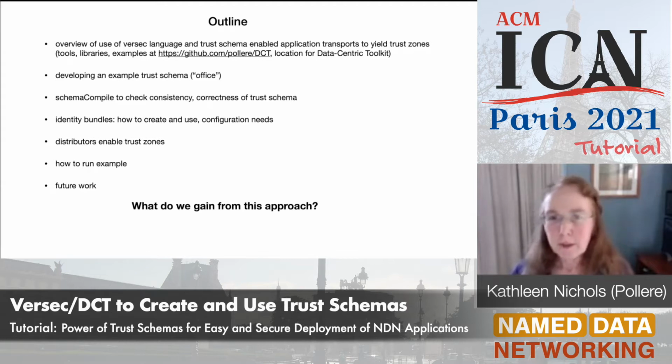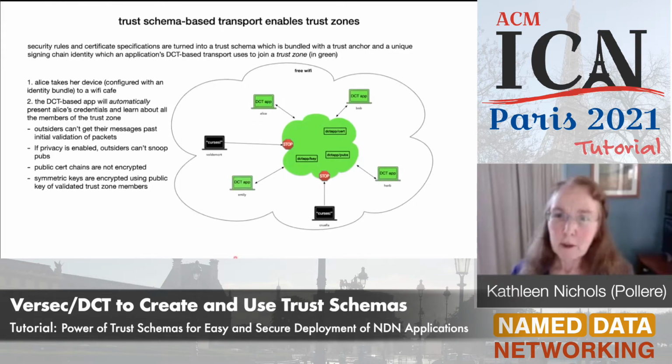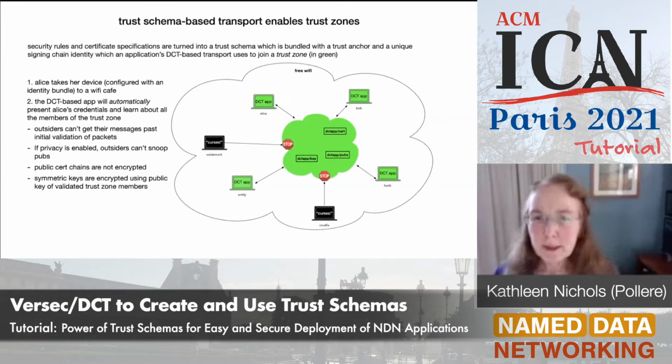But the big thing is, why do this? What do we gain from this approach? Can I have the next slide, maybe? So this trust schema-based transport is enabling the concept of a trust zone. To illustrate what that's like, I've come up with this example of a bunch of people at a Wi-Fi cafe.